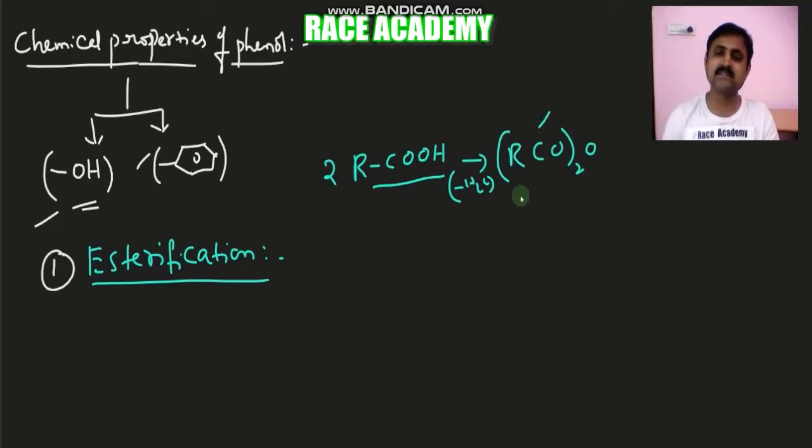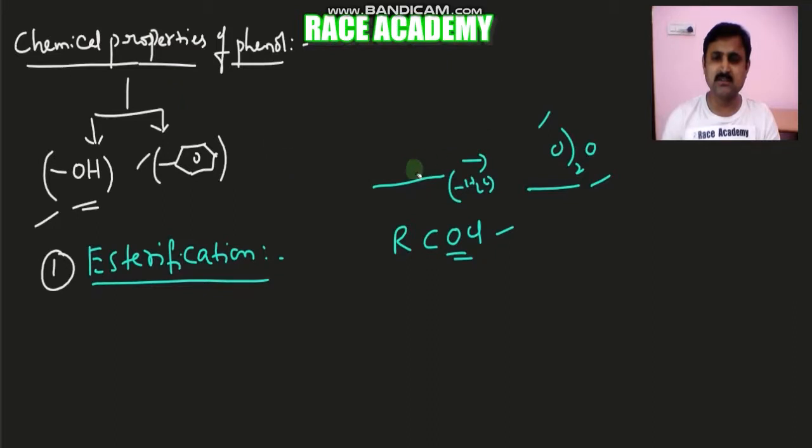So this is called an acid anhydride. This type of compound reacts with phenol in basic medium. Not only that, some acid chlorides are there. RCOCl is called an acid chloride. These also react with phenol and form phenyl esters. So that reaction we will call the esterification reaction.